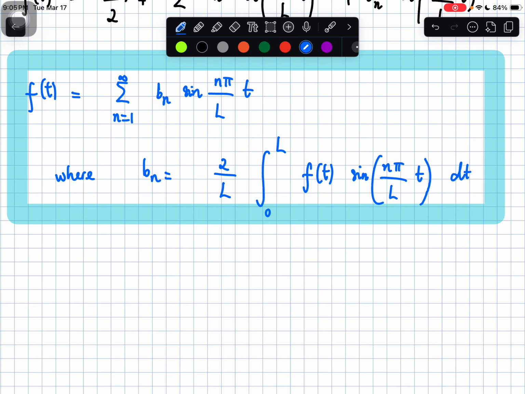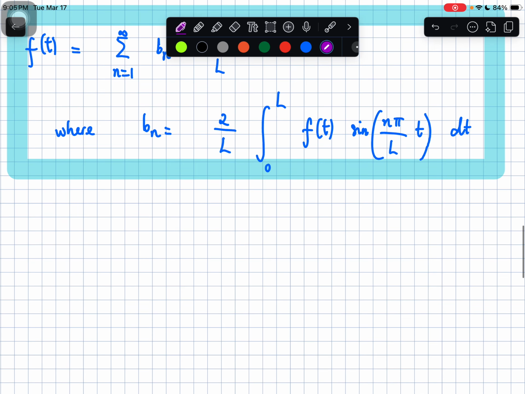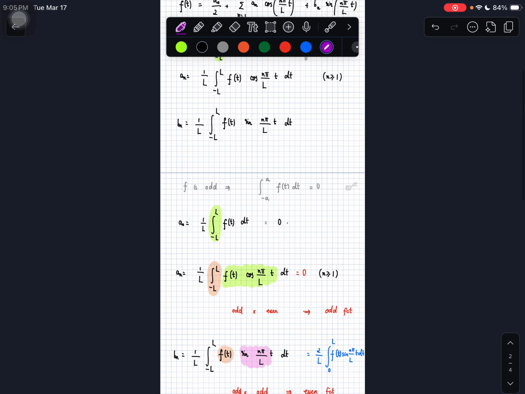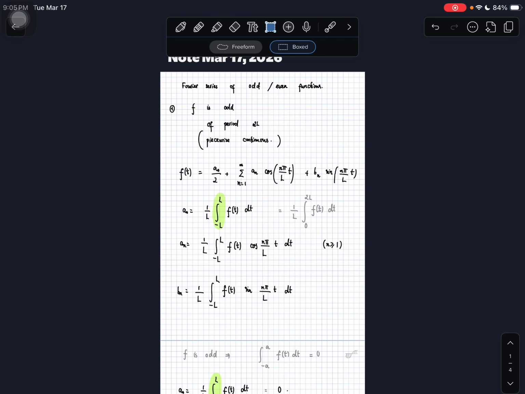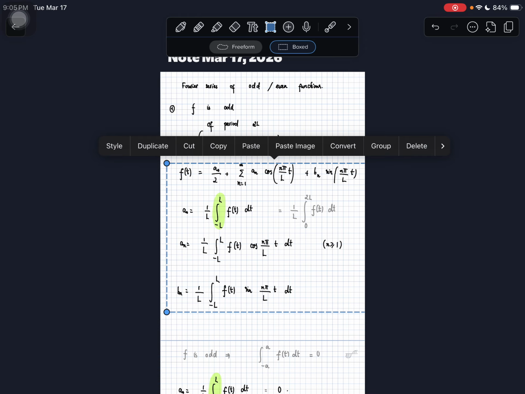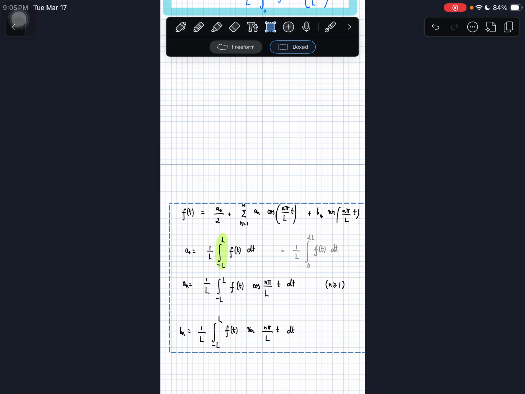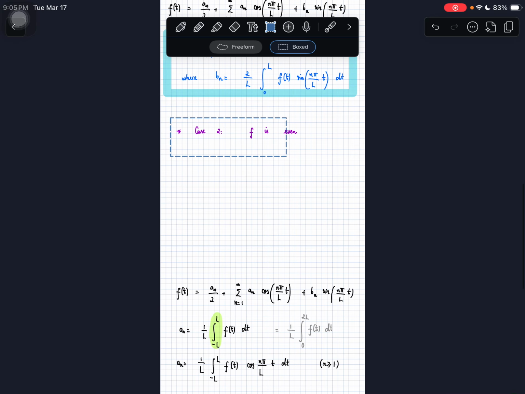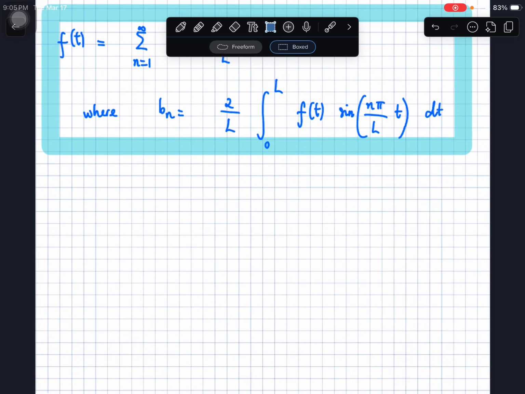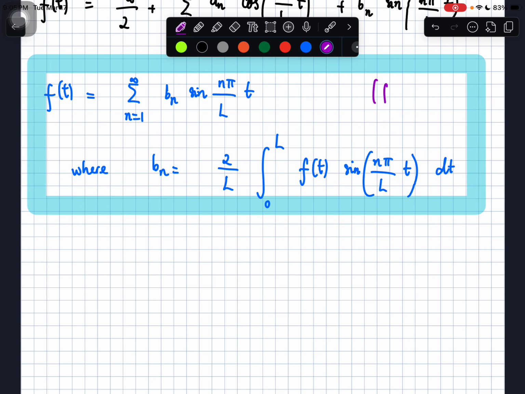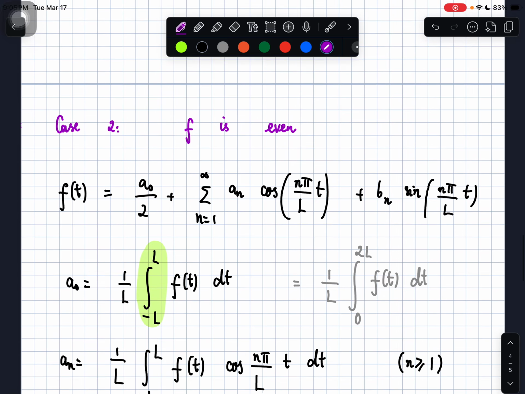And you do similarly for the case f is even. This general formula here. Second case, f is even.